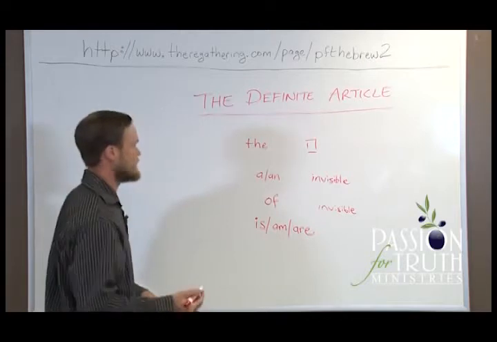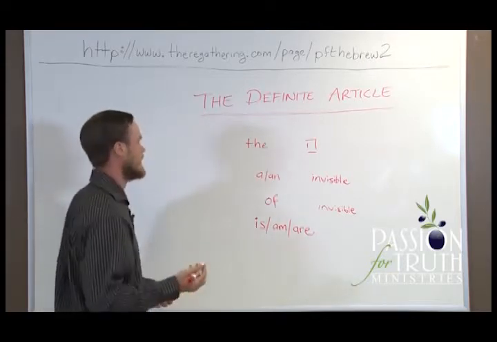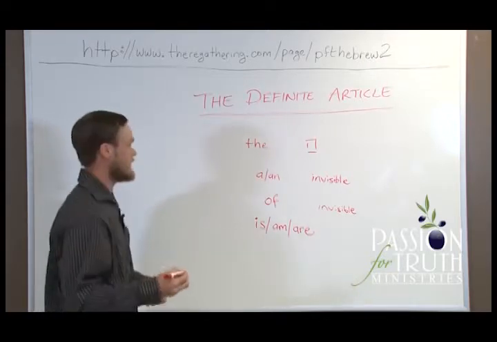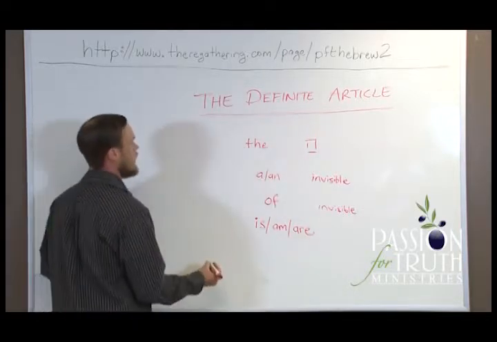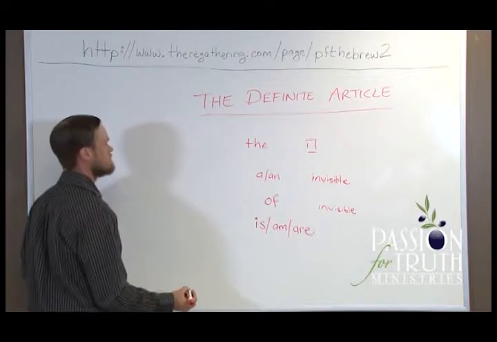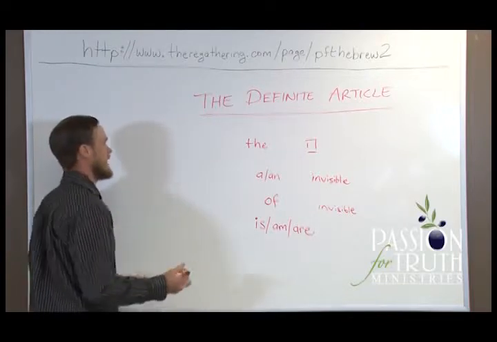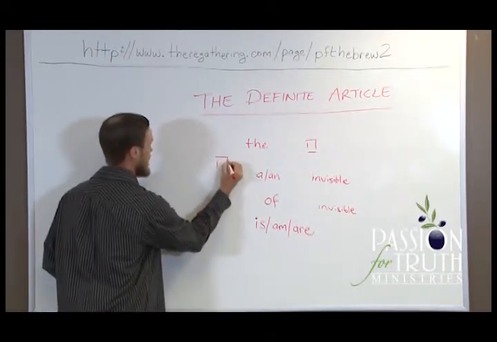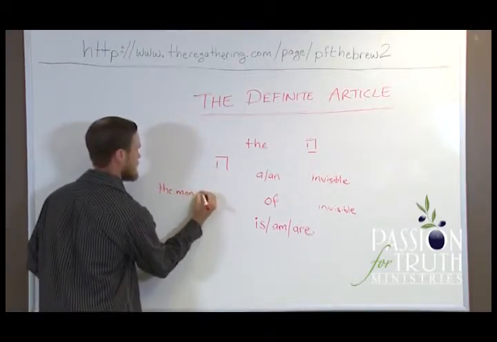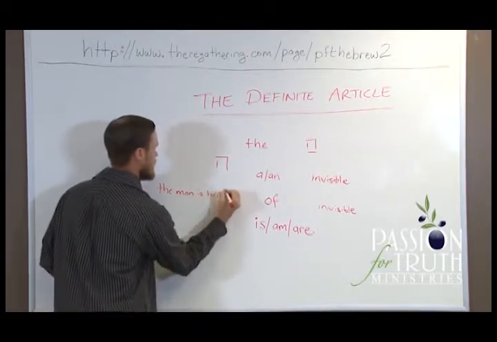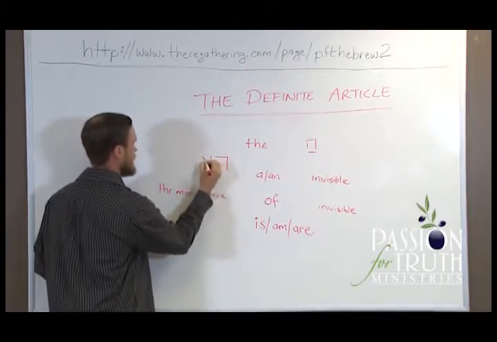Yeah, this is using words I haven't covered yet, but it's okay. I can give you an example, though. Well, this is kind of a fragment, but if I were to say, the man is here. Okay, ish is man.